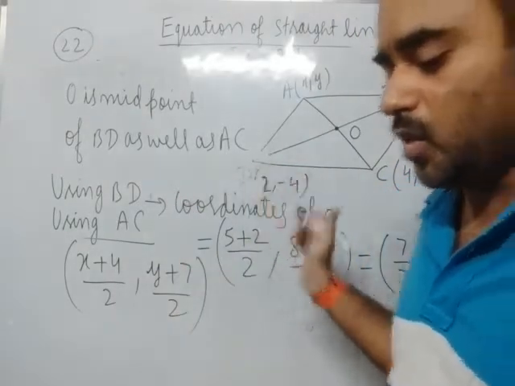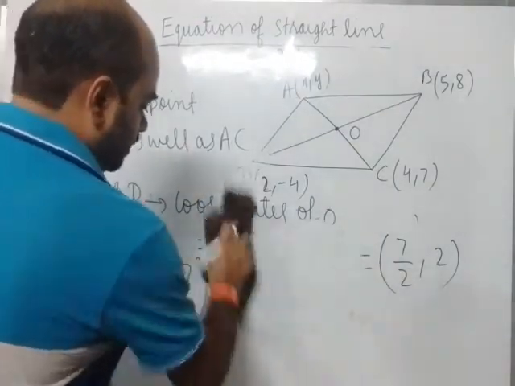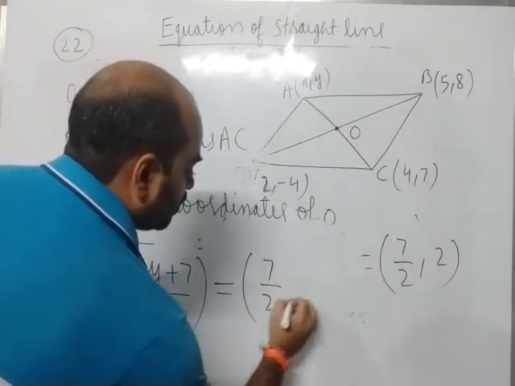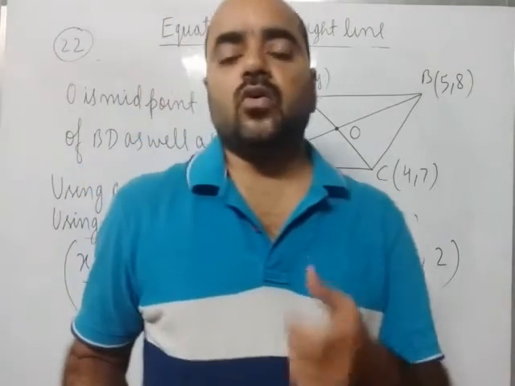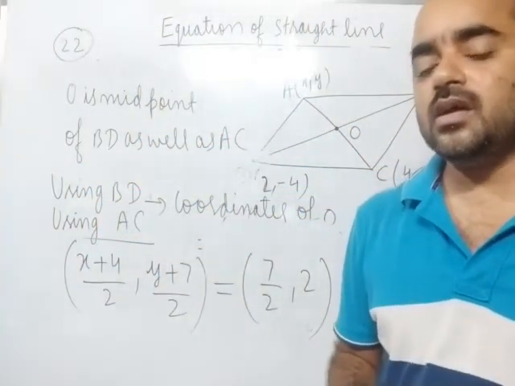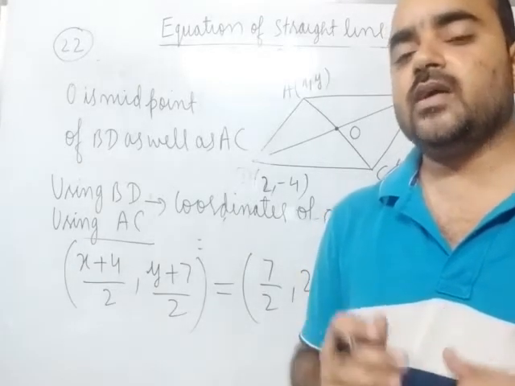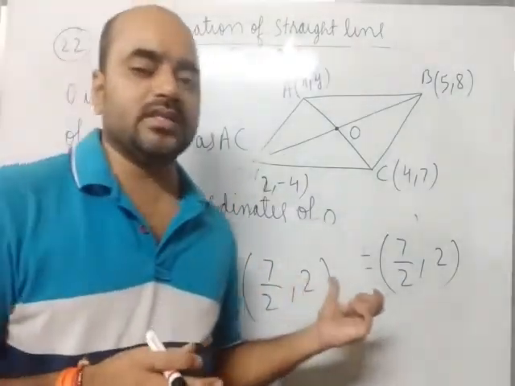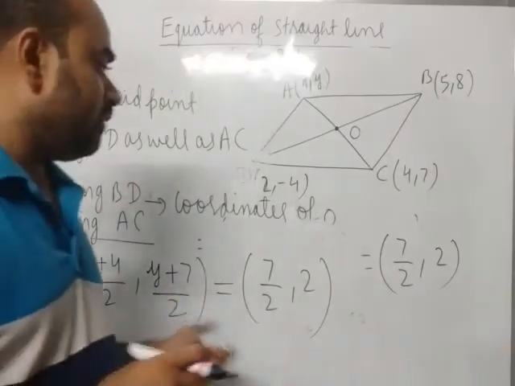Both will be the same, so now equate. It means this coordinate and 7 by 2 comma 2 both will be the same. When the coordinates of 2 points are the same, it means corresponding x coordinates are the same and corresponding y coordinates are the same.